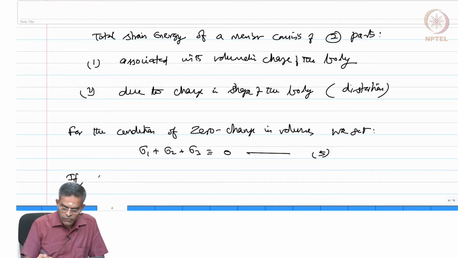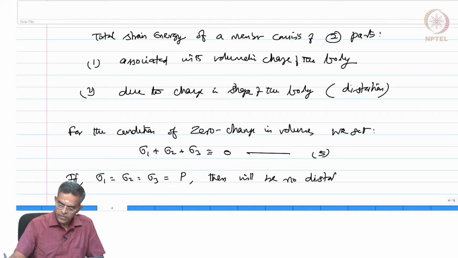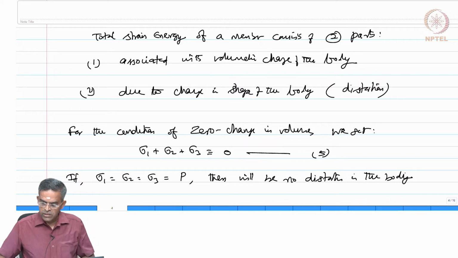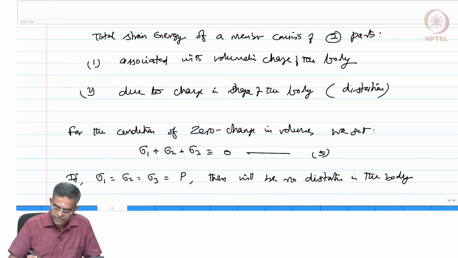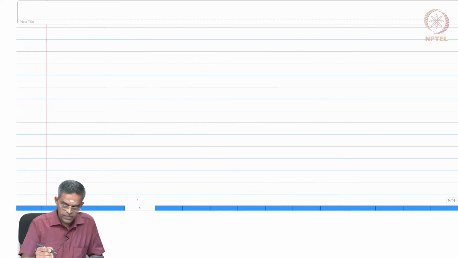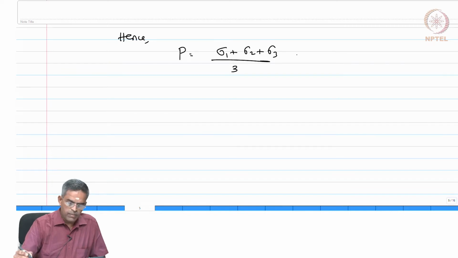Now, if these stresses are equal to magnitude P, then there will be no distortion in the body, because the stresses are equal in magnitude and direction. So, no volumetric change and no distortion. Hence, P should be (sigma 1 plus sigma 2 plus sigma 3) divided by 3.